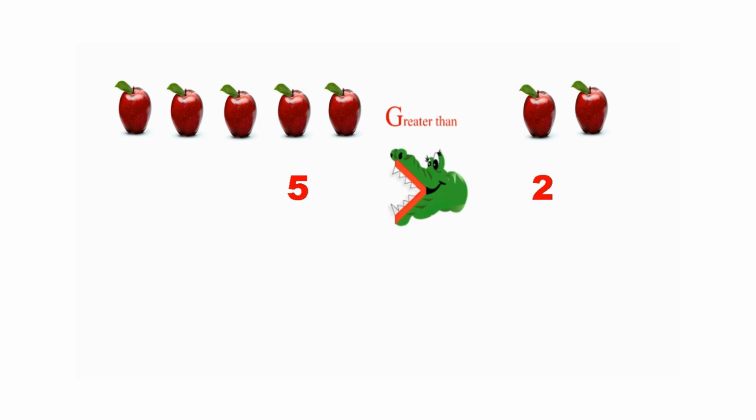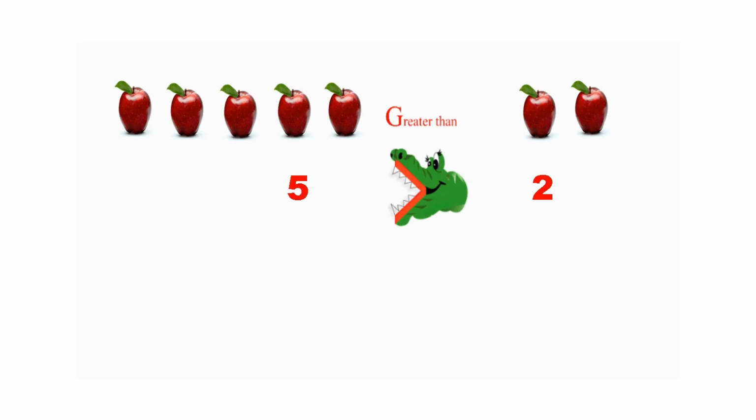Greedy means it wants to eat more. So always it will open the mouth where there are more things. Now here we can see it is facing towards 5 apples.